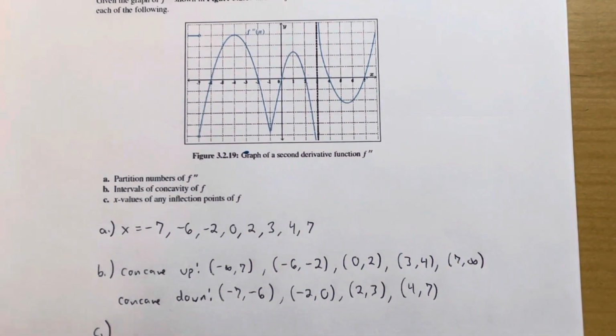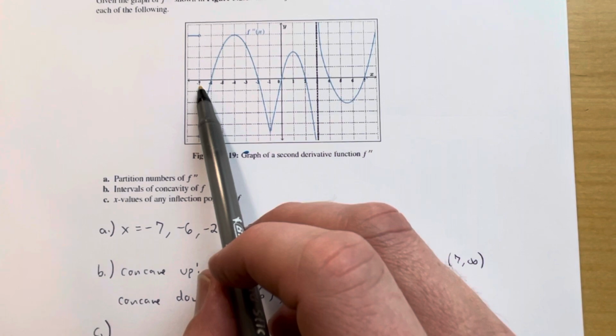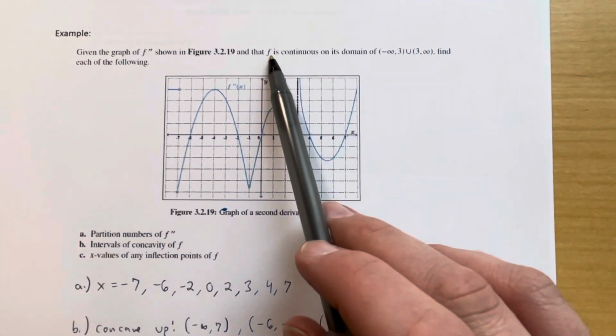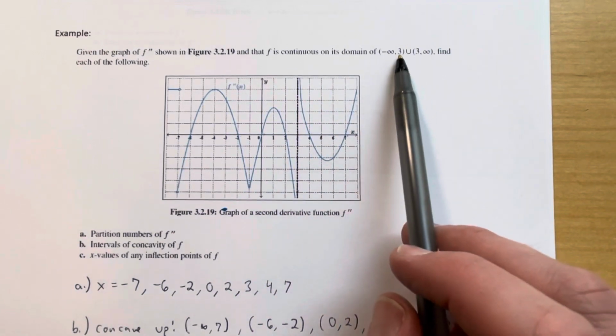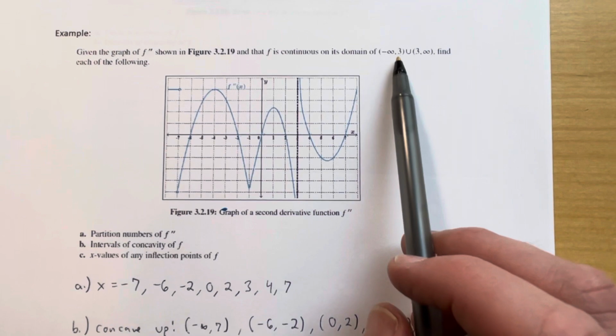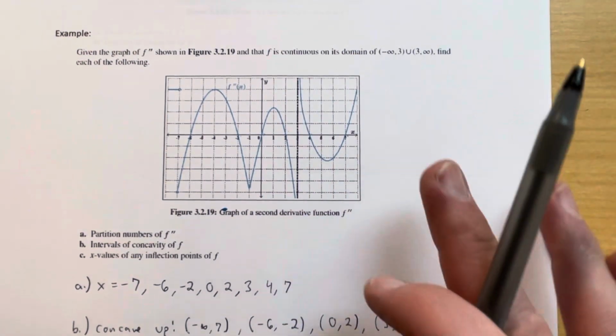We don't know if f is continuous at x equals -7. Oh, actually, no, I'm sorry, we do know that, because up here it says that f is continuous on its domain of -infinity to 3, union 3 to infinity. So the original function f is continuous everywhere except for 3.